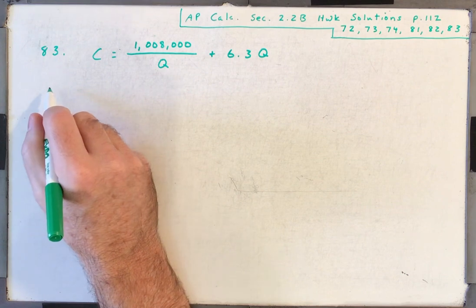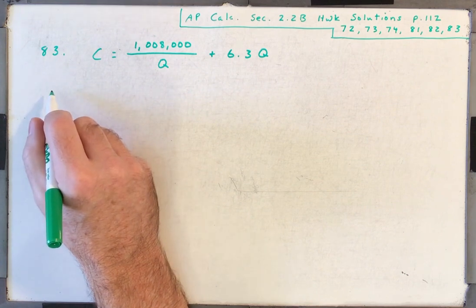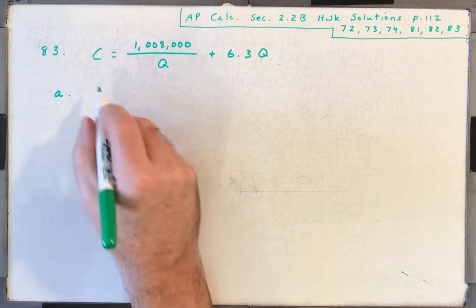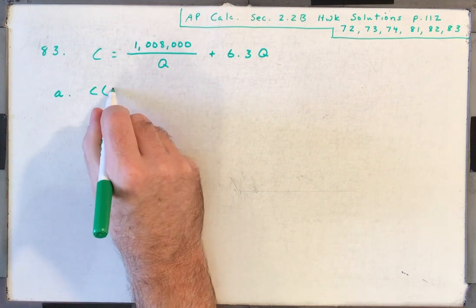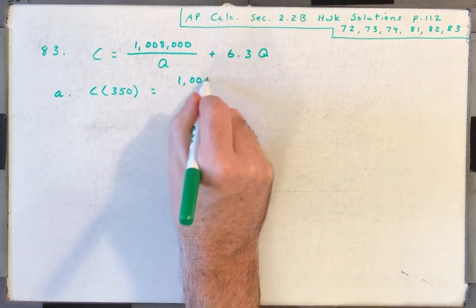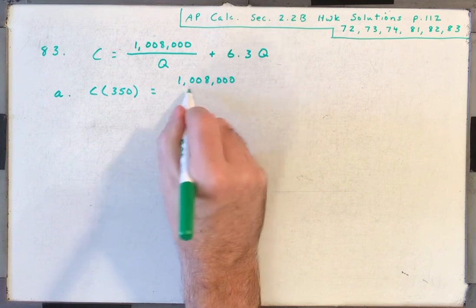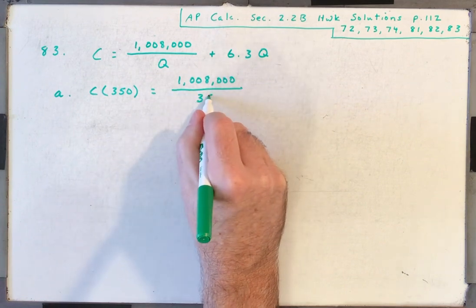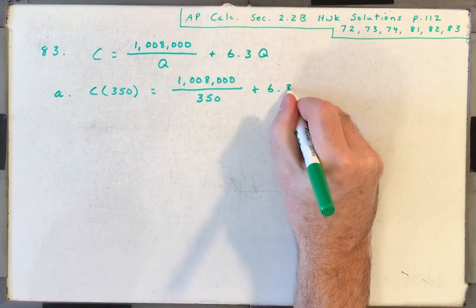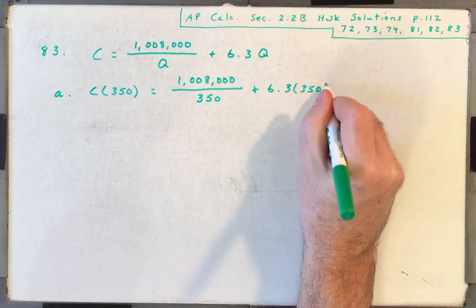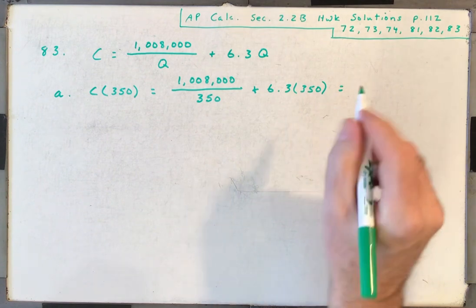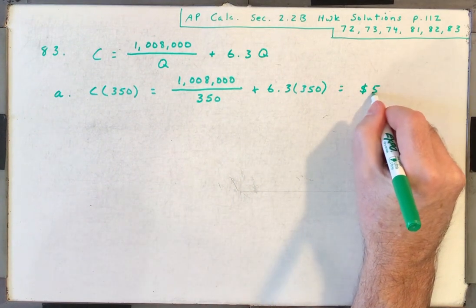So part A was find the change in annual cost. So first of all, we want to find C of 350. So that's 1,008,000 over 350 plus 6.3 times 350. All right, so that is $5,085.